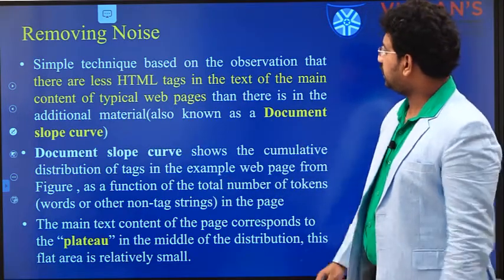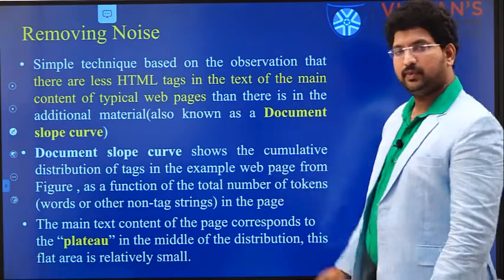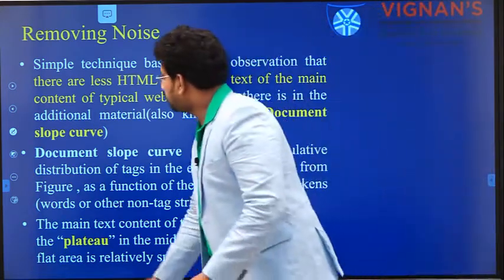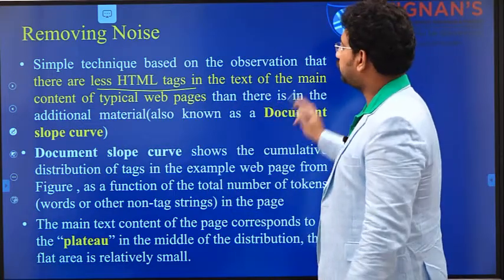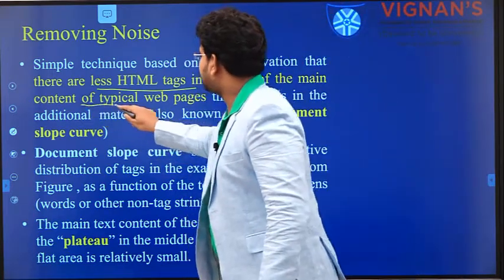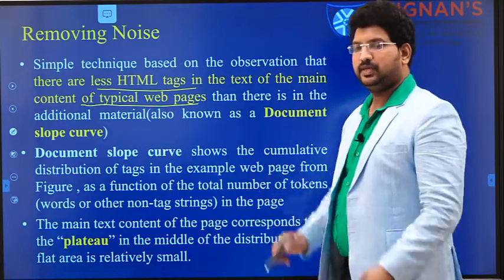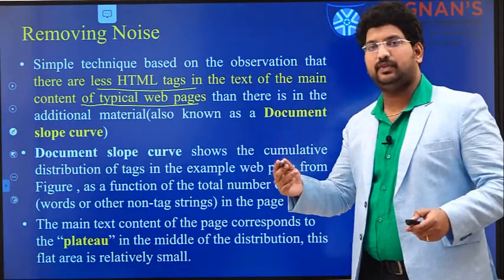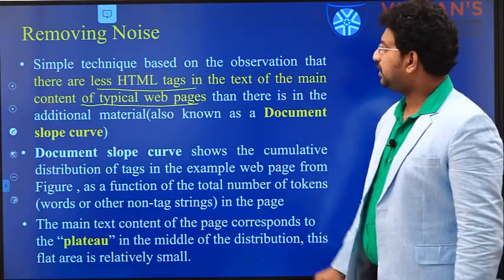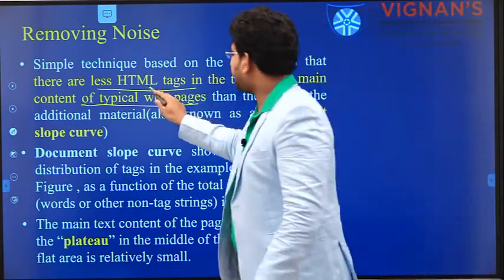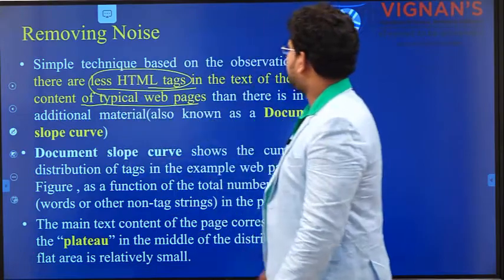Here is one technique that is based on an observation: there are fewer HTML tags in the text of the main content of a typical web page. The main content of the web page consists of fewer tags. This is an important point, keep it in your mind.